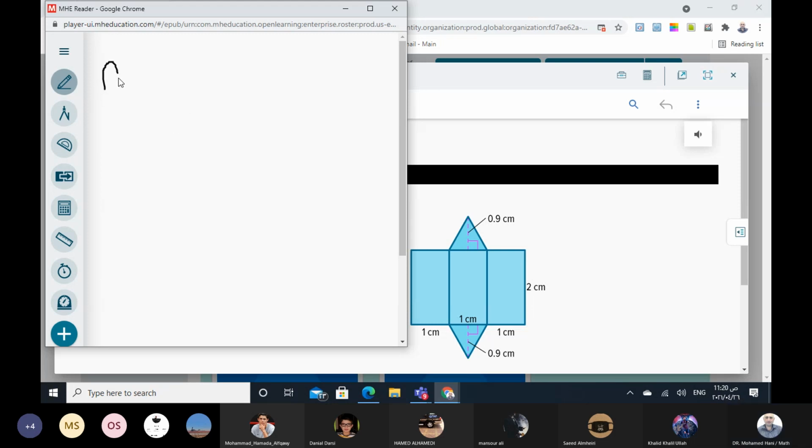The first step, we want to find the area of the triangle. So to find the area of the triangle, we have the formula A equals 1 over 2 multiplied by the base multiplied by the height. But here we have two congruent triangles, so we can multiply the formula times 2.